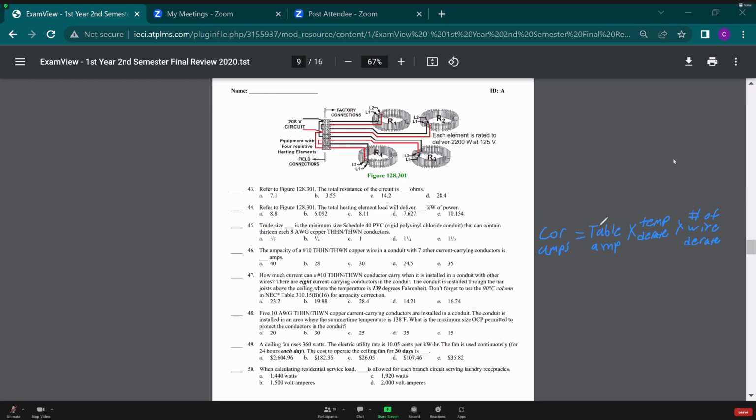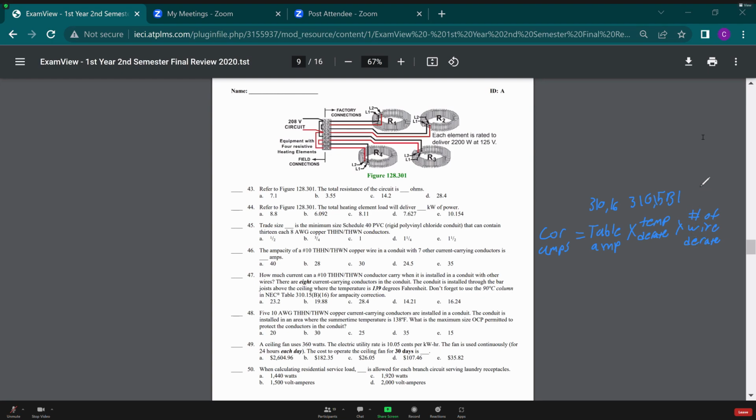In this, the table amp is 310.16. Temp derate is 310.15 B1. Cross out B2. Do not use B2, just B1.